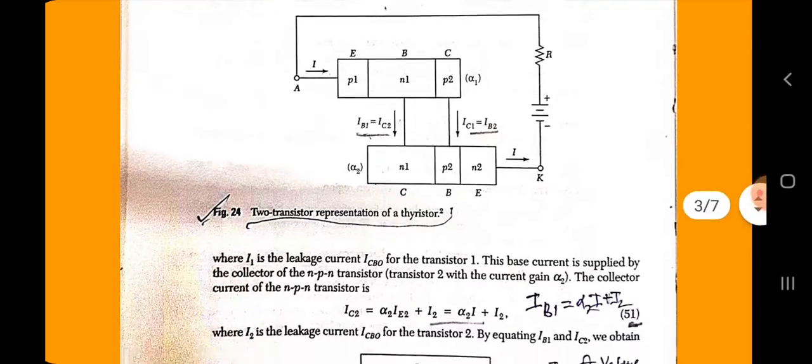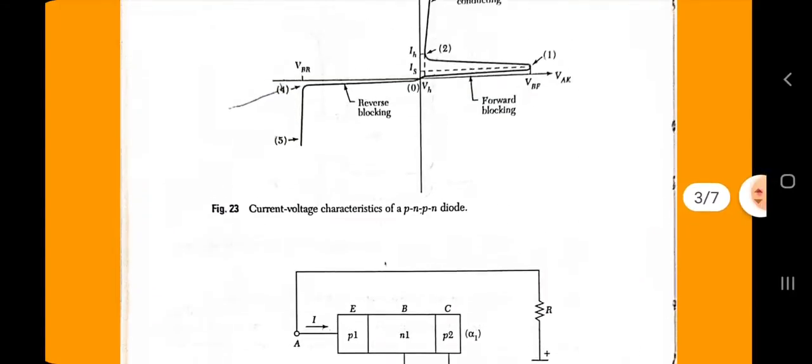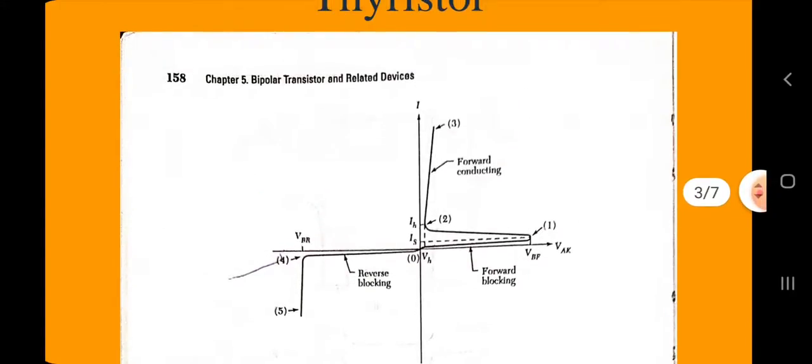The base current of PNP transistor 1 with current gain alpha 1 is IB1 = IE1 - IC1. This can be written as (1 - alpha 1) multiplied by IE1 minus I1. This is equal to (1 - alpha 1) I - I1.